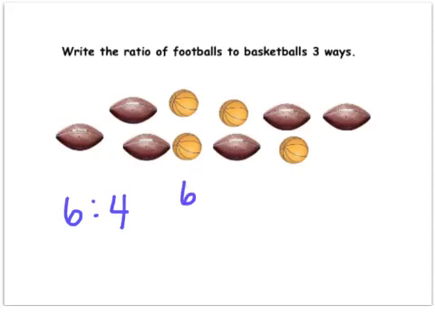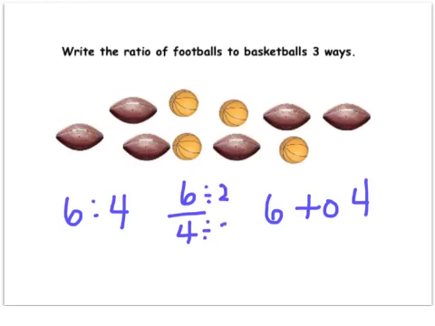You can write 6 to 4, or 6 over 4. What do you notice about this fraction? You could reduce it. If you divide both by 2, you get 3 to 2, and you can write it that way as well.